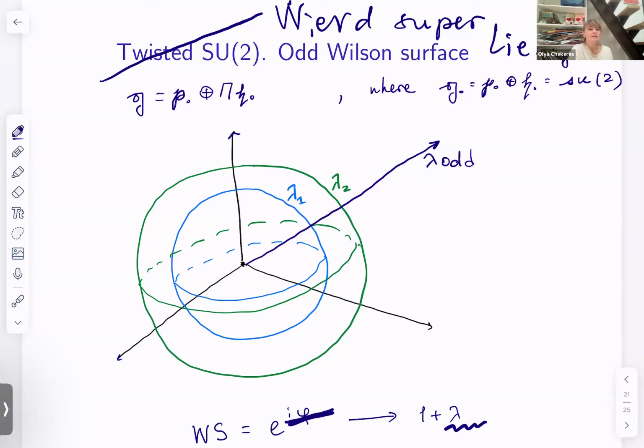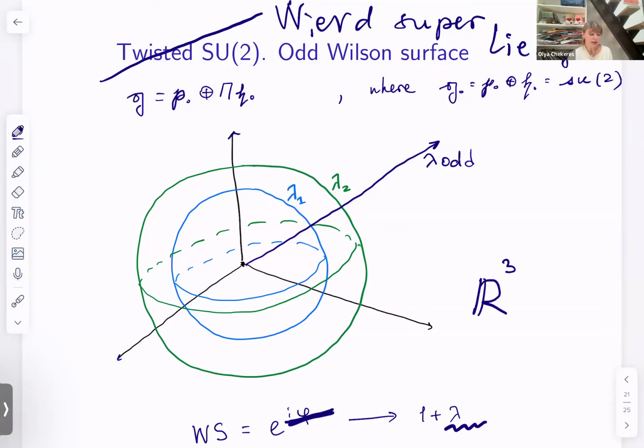So the spheres are still even, but now the radial direction is odd, and the parameters labeling these spheres, the parameters labeling the orbits, are now odd. So this is our G star, which is isomorphic to R3, and the orbits are isomorphic to two-dimensional spheres.